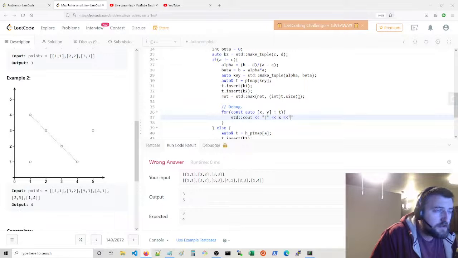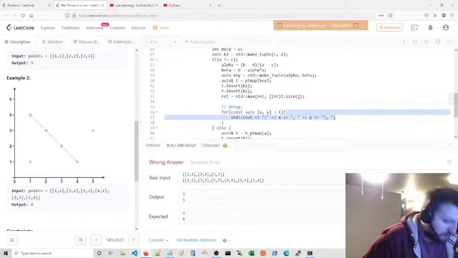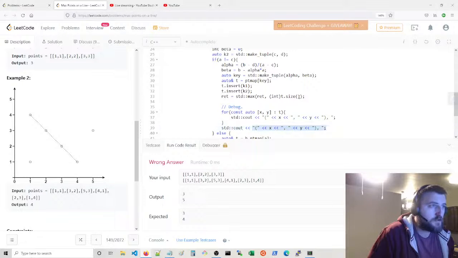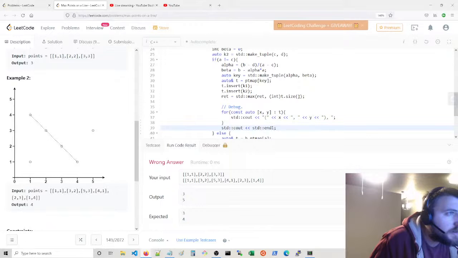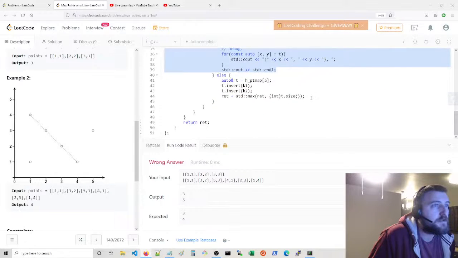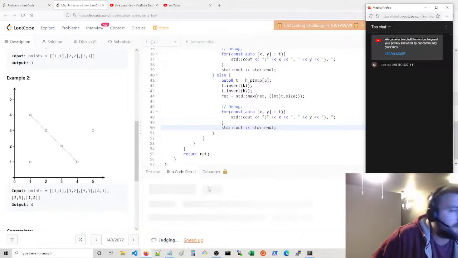X, Y, and comma with a space. Okay. And duplicate this code across. So what points are we getting here that were wrong here? I thought this is correct.